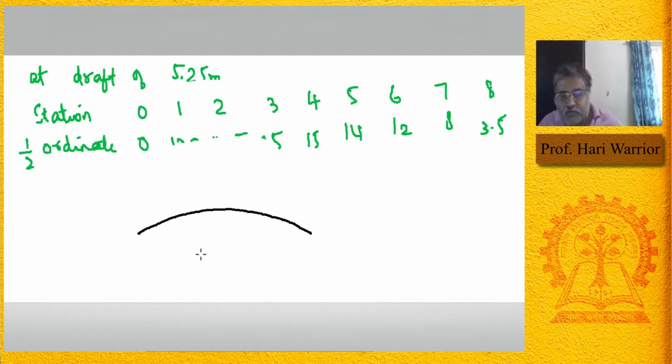So you are told the values. You take the values down. I removed the values, I'll put them again. What is it? 0, 12, 14.5, 15, 15, 14.